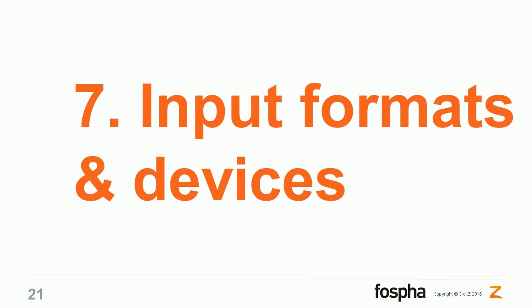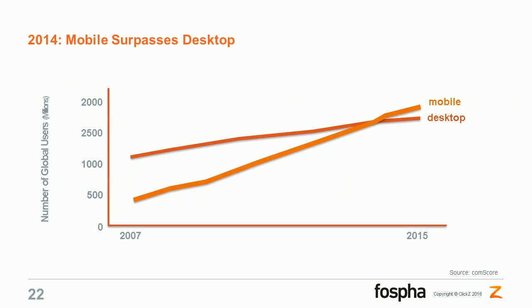Okay, next we're going to look at input formats and devices, which are often very interrelated. We know that mobile commerce continues to grow to the extent that form designers need to account for the various device types used to complete forms, whether tablets or smartphones in different shapes and sizes.